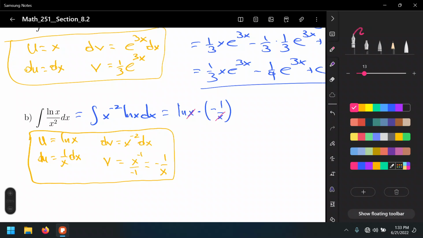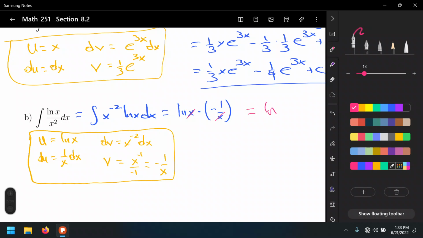What's wrong with dividing out these two, by the way? And get simply ln, like a muted function. So no, that doesn't really make sense.